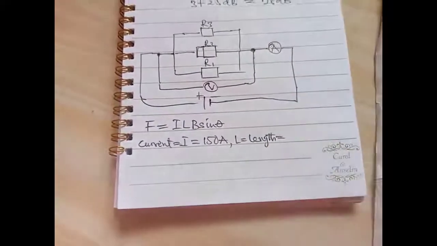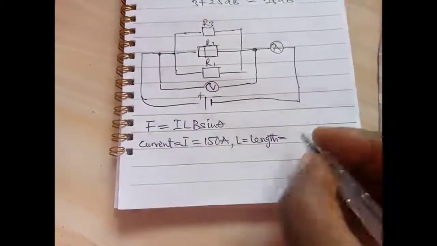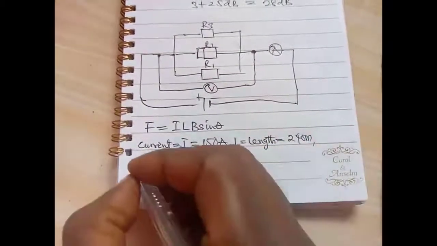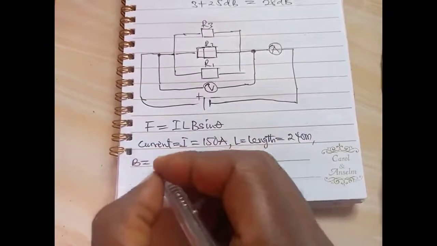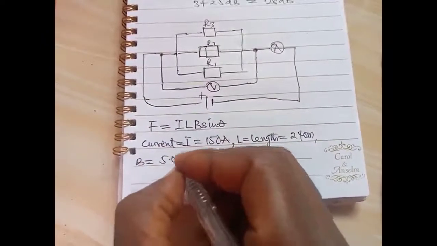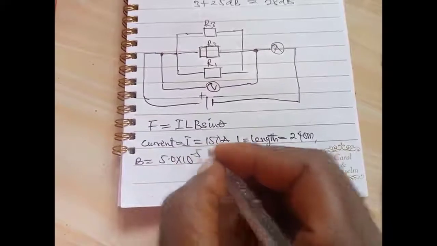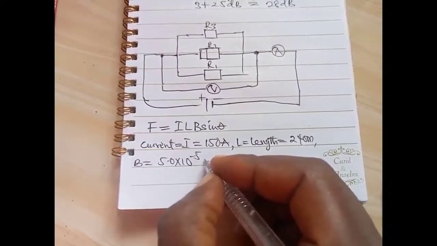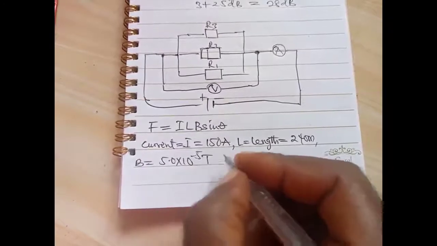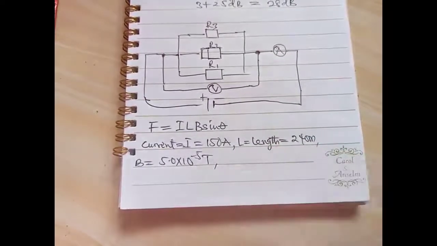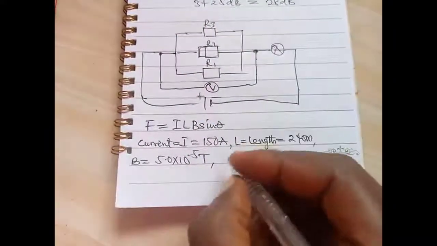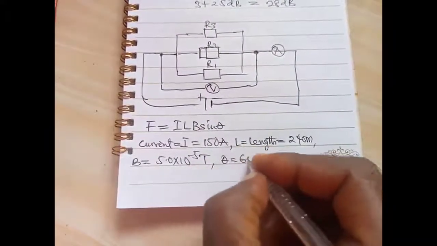And the length there is 240 meters. The next one is the magnetic field. Earth's magnetic field given as 5.0 times 10 raised to the power minus 5 Tesla. So the next angle given to us is 60 degrees, theta 60 degrees.